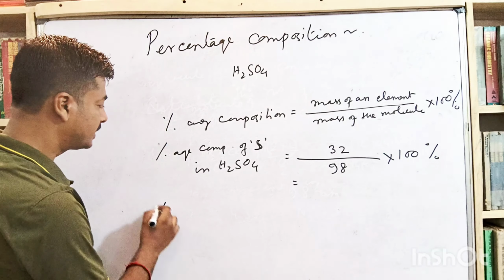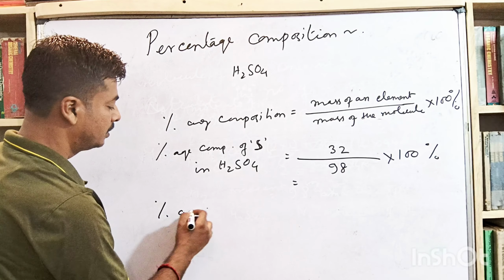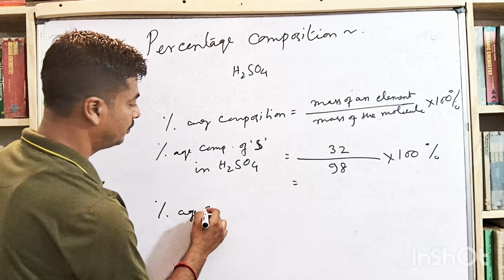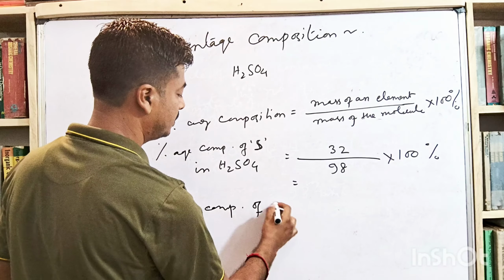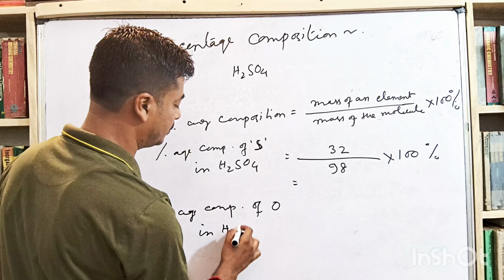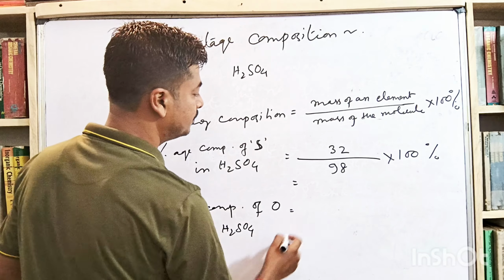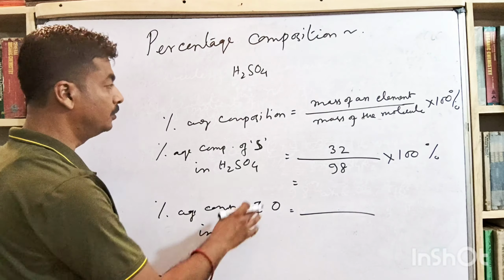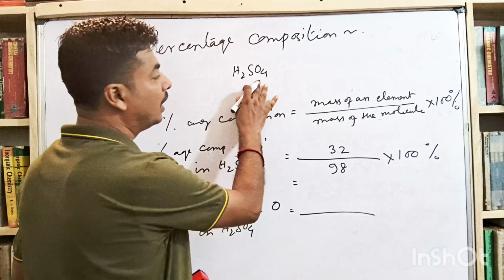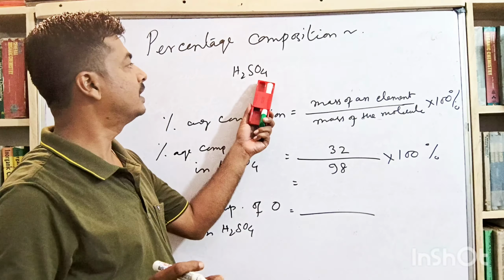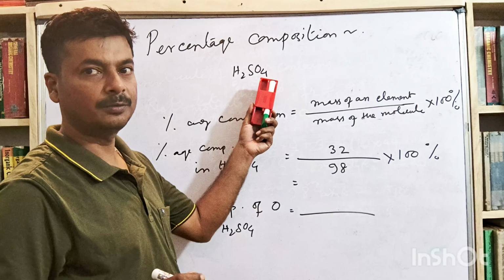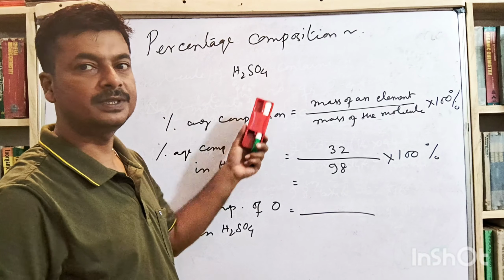Same way, percentage composition of, suppose, oxygen in H2SO4 will be equal to, 4 oxygen atoms are there, and the atomic mass of each oxygen atom is 16.